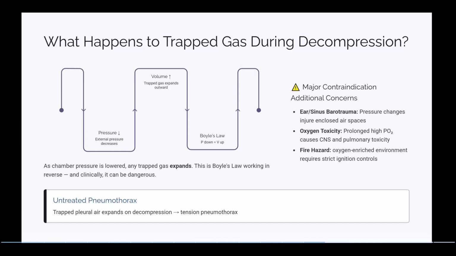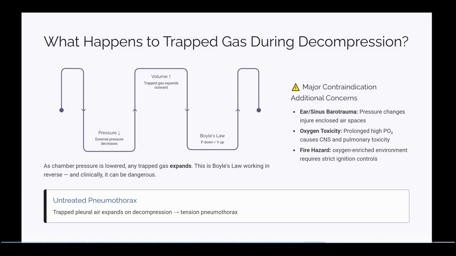A few of those other safety concerns worth knowing, just briefly: barotrauma to the ears and sinuses from the pressure changes themselves, oxygen toxicity from prolonged high oxygen exposure, and fire risk, since an oxygen rich environment requires strict control of ignition sources.